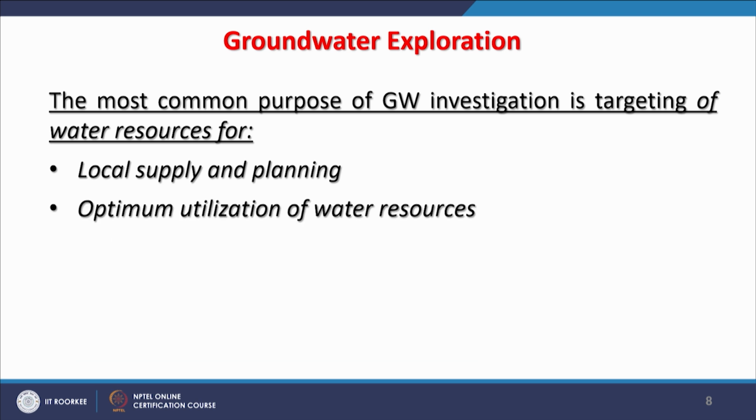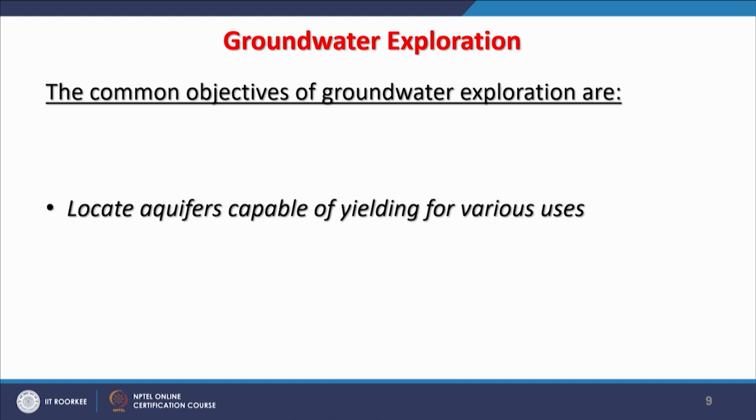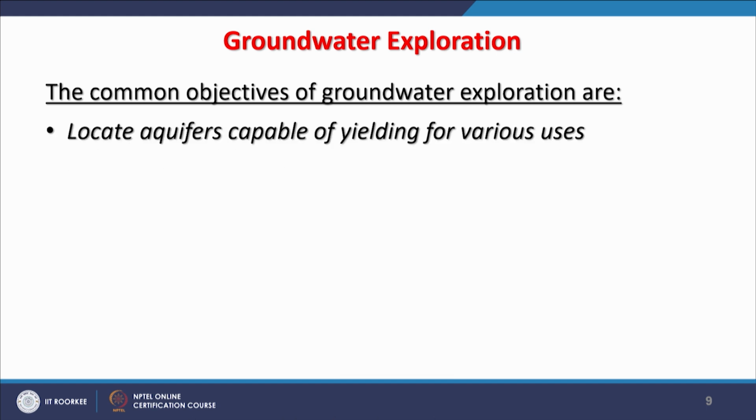Optimum utilization of water resources is another important aspect in groundwater exploration, and the common objectives of groundwater exploration are, one, to locate aquifers capable of yielding groundwater for various uses, of suitable quality. So, quality is also important, and that should be suited.